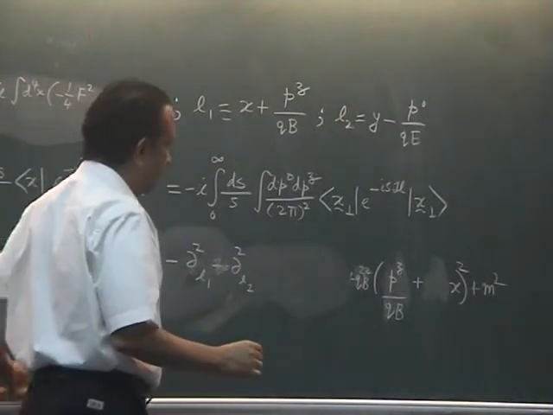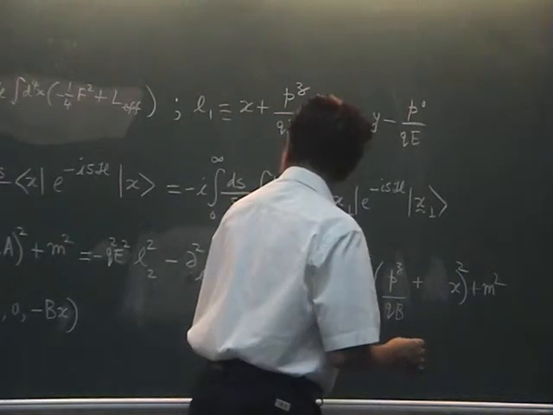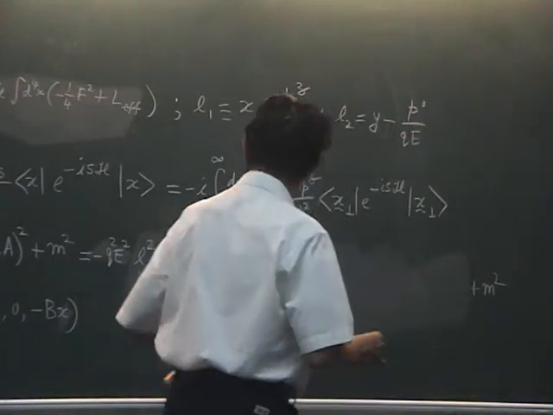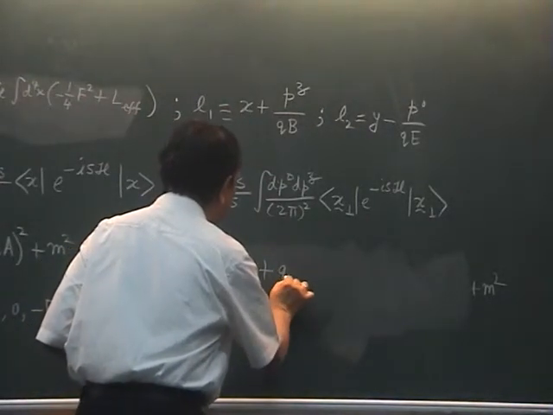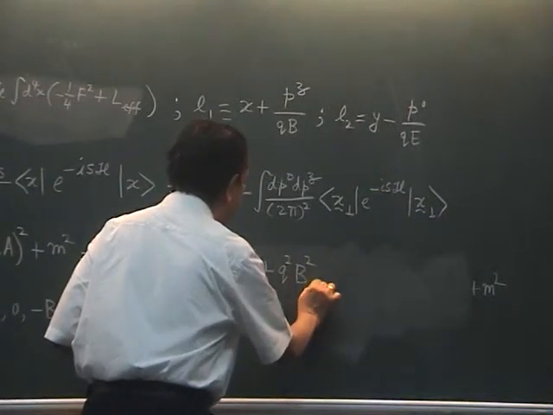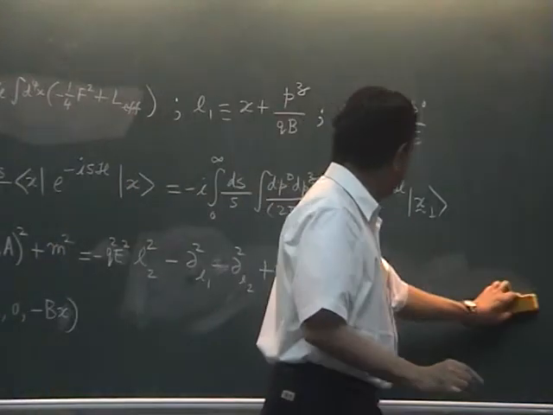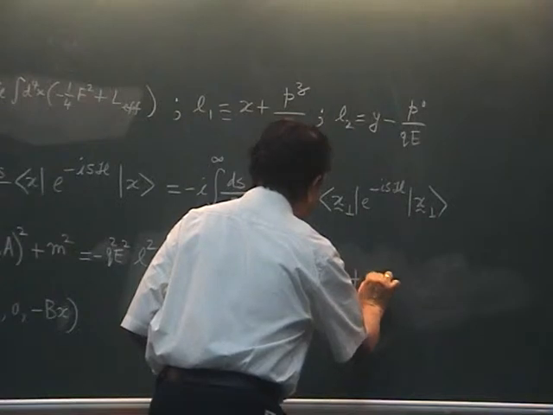Okay. Then I have this quantity, which becomes q square plus q square v square L1 square. This is roughly where we stopped yesterday, plus m square.